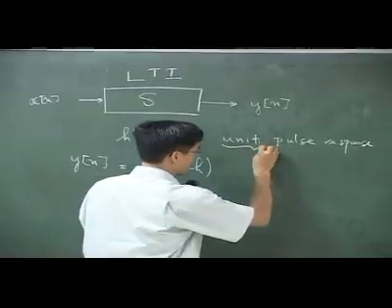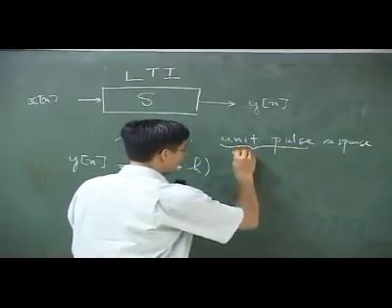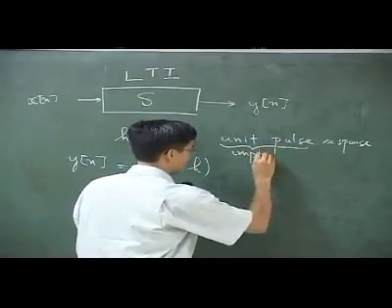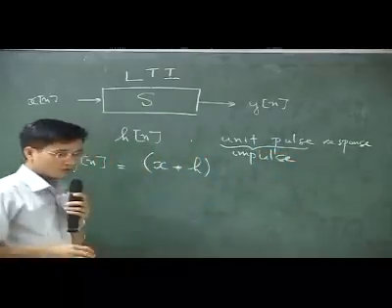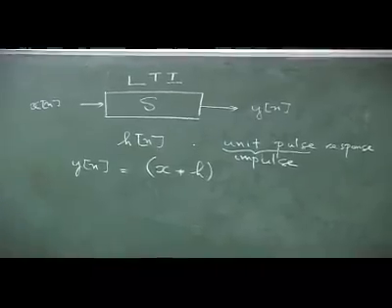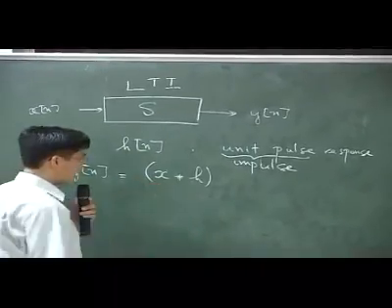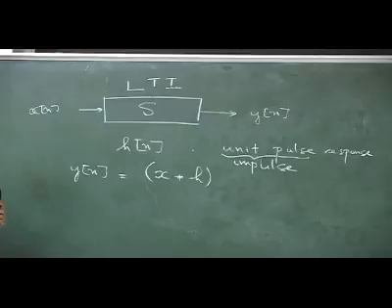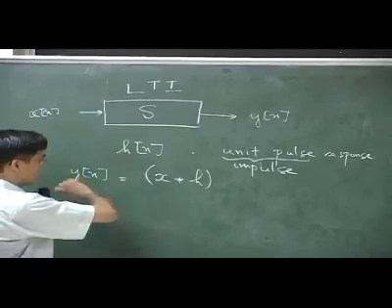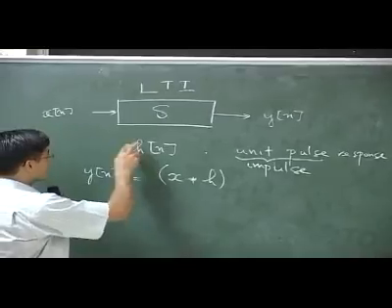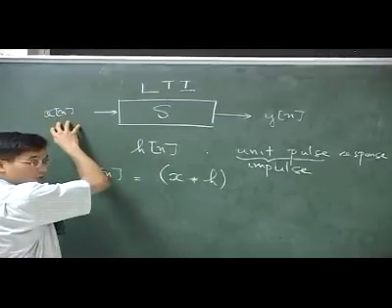The unit pulse, sometimes people would call it the impulse. Okay, so just to let you be familiar, because we would call this thing differently: either the unit pulse response or the impulse response of the system. So the system here is really just the output when I put in the impulse, right?